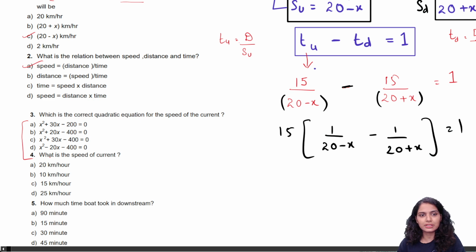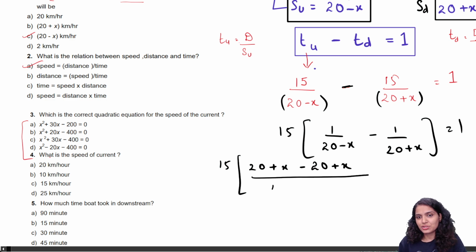Let's solve it further. So it will be 15 and then 20 plus x minus 20 minus x, or I can solve this bracket and write 20 plus x. So this will be 400 minus x square equals to 1.